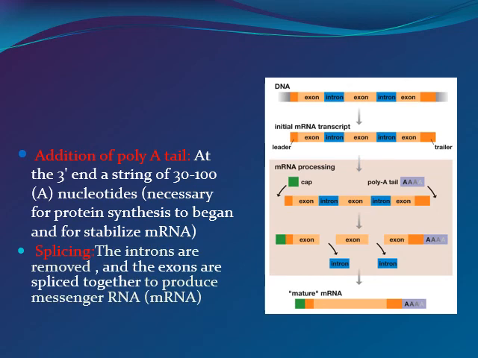The last step is called splicing. All the introns are removed and the exons are spliced together by special enzymes called ligase enzymes to produce mature messenger RNA.